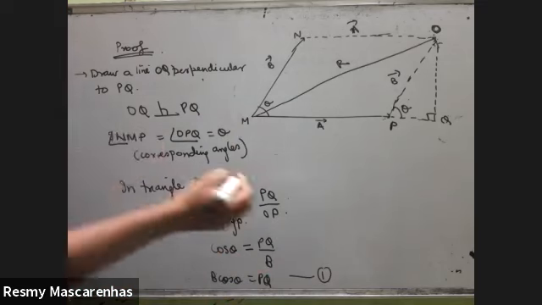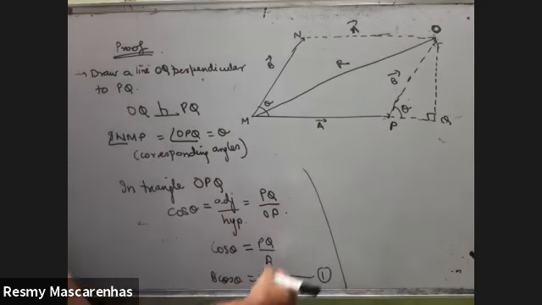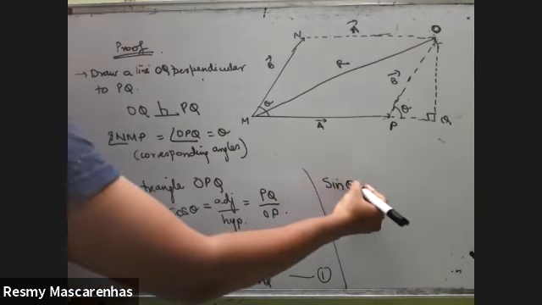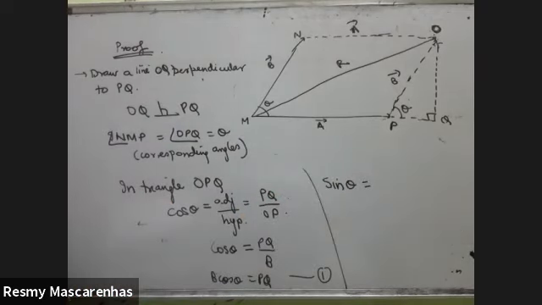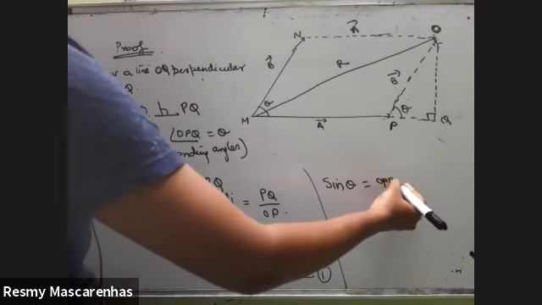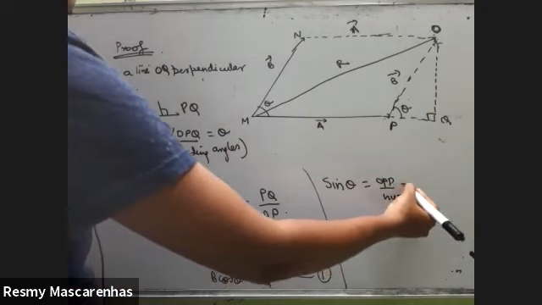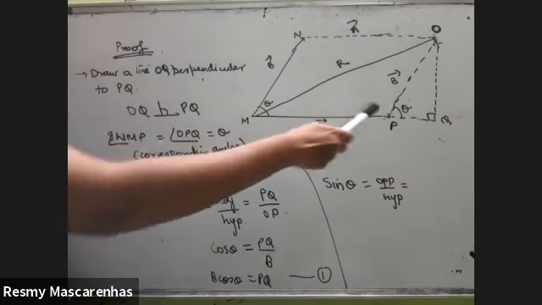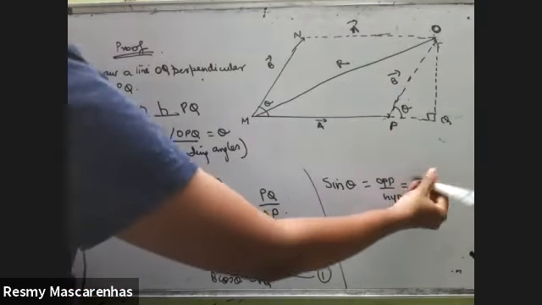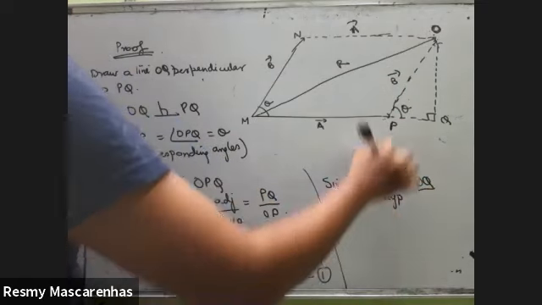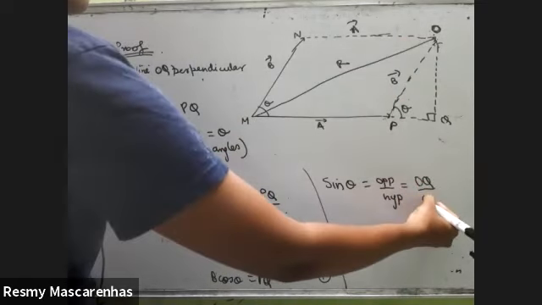Now in the same triangle, what is sin theta we will calculate. Sin theta is always opposite upon hypotenuse. So which is the opposite side? OQ upon hypotenuse OP.